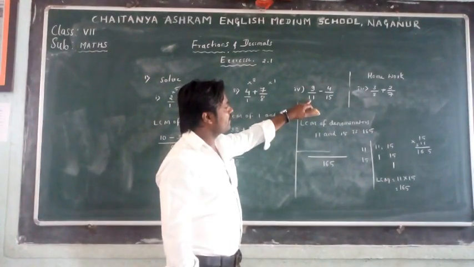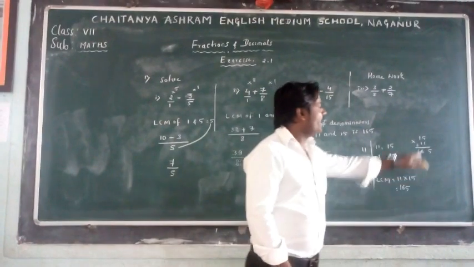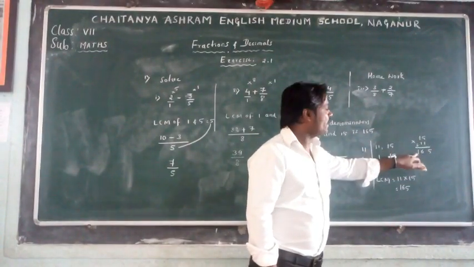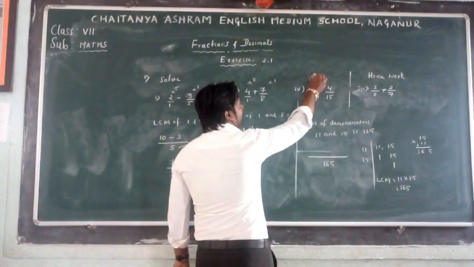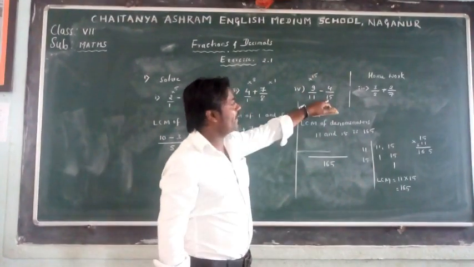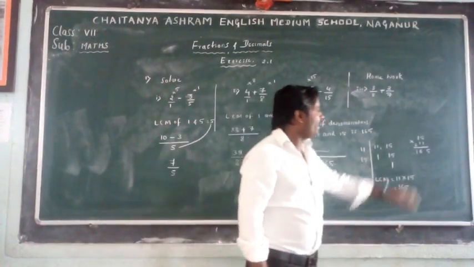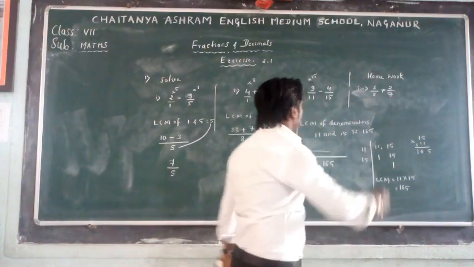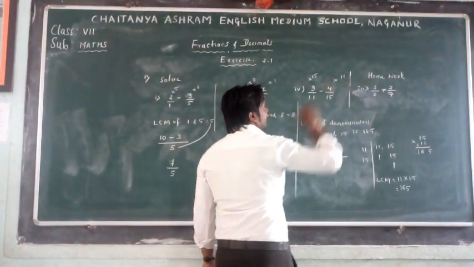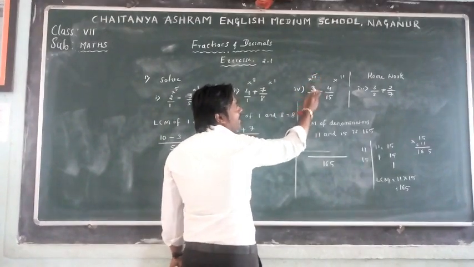Observe: 11 times how much is 165? 11 fifteens are 165. So write here 15. 15 times how much is 165? Very good, 15 elevens are 165.